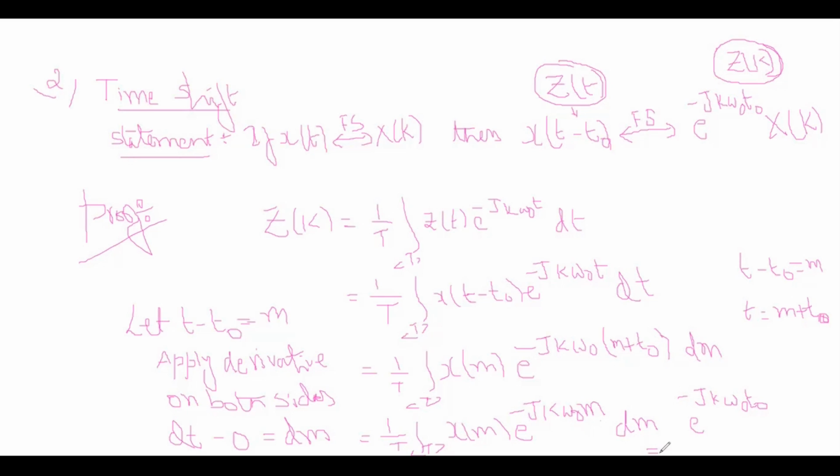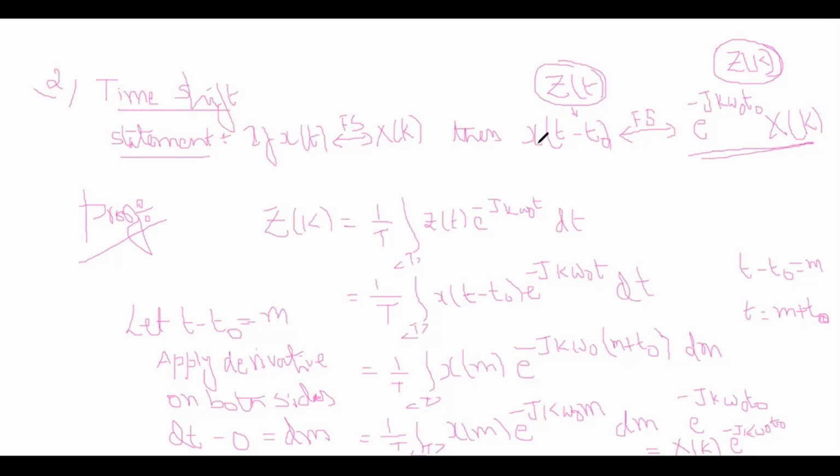So you can write it as x of k into e power minus jk omega naught t naught. This is the same thing you have to prove, x of k e power minus jk omega naught into t naught, my students. It's very important. So the shifting, how many samples it is shifted, the t naught samples.